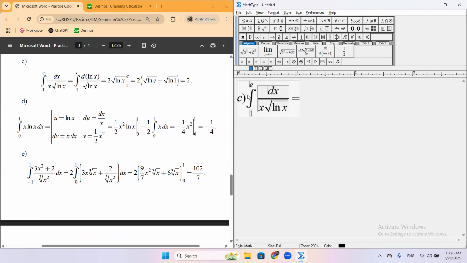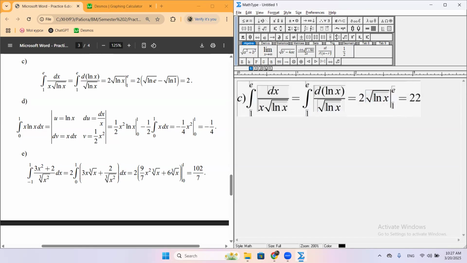So we will use the differential entry technique. So we have the differential of logarithm of x, and the antiderivative will be the following: 2 square roots of logarithm of x, from 1 to e.